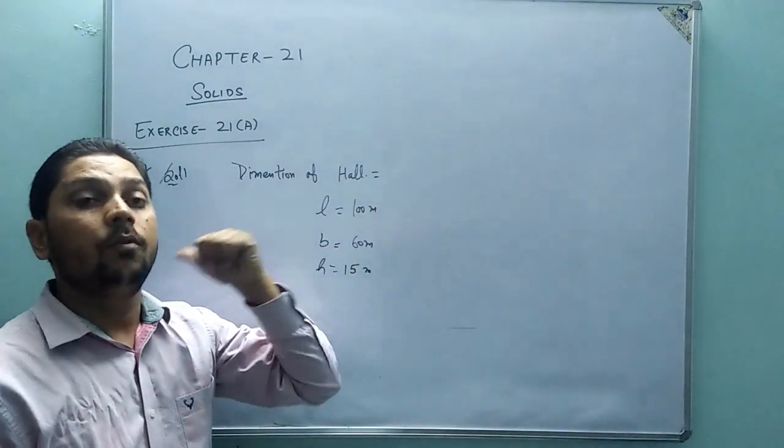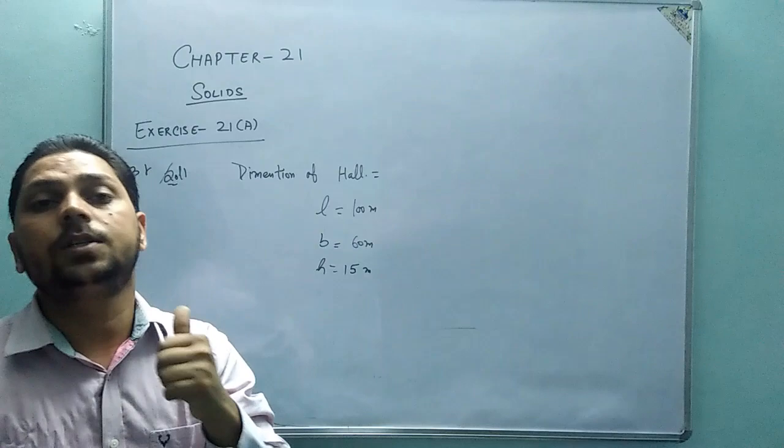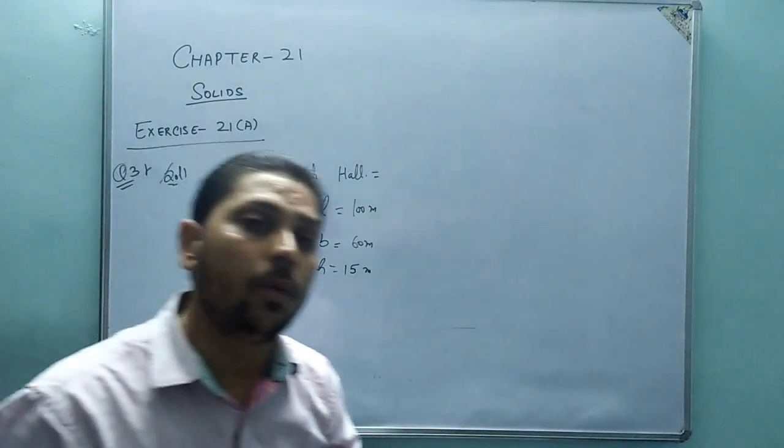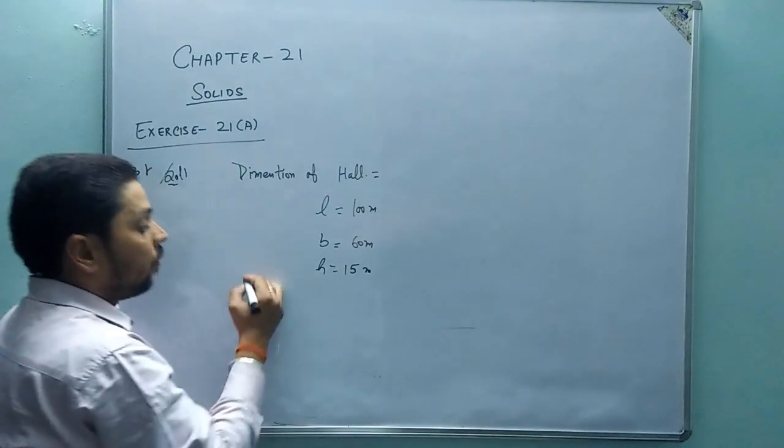First we have to calculate the volume of the hall, then after that we will calculate the number of persons.